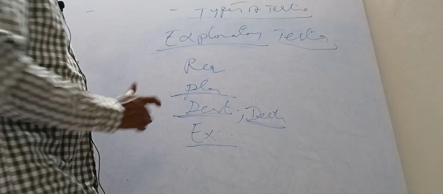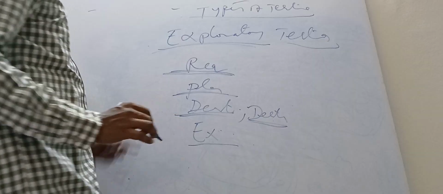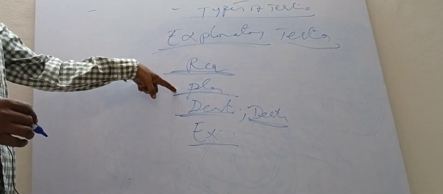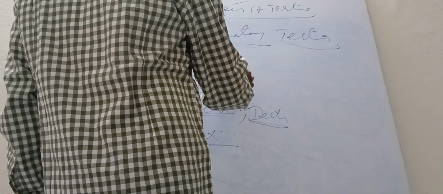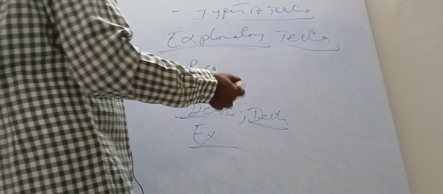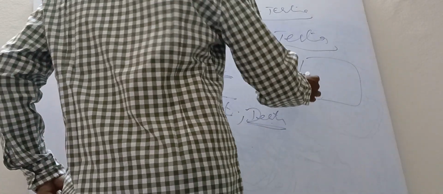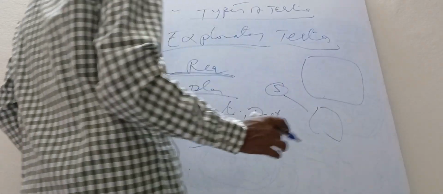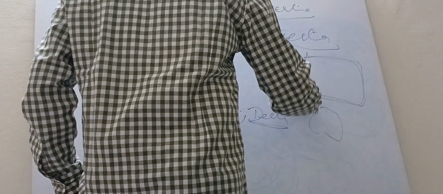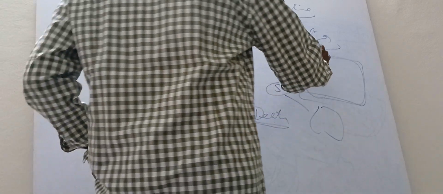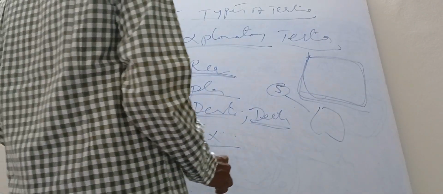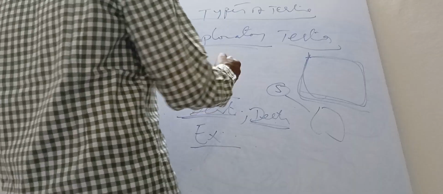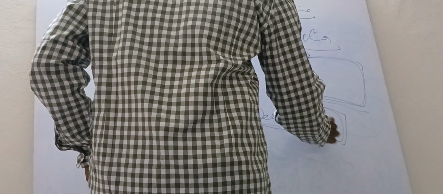But in exploratory testing, suppose you don't have the requirement, you have to learn the application. If you have a team of 5 members, all the team members will sit together, try to understand and discuss the application, gather the information, and do the testing.